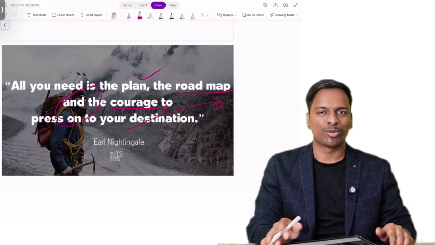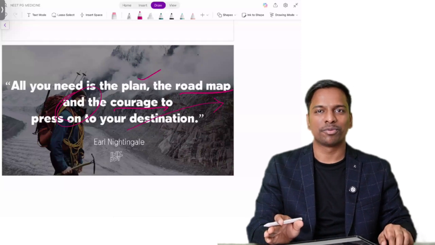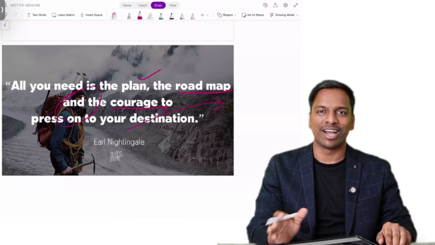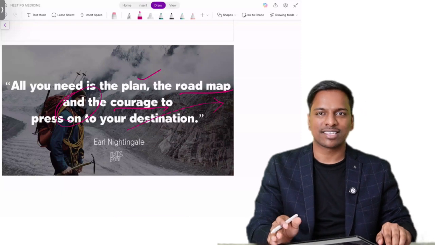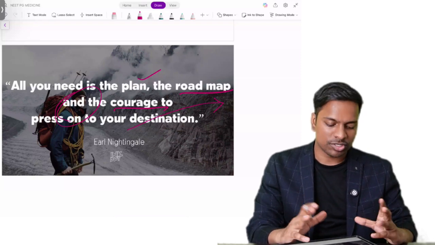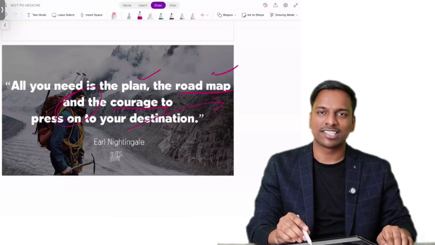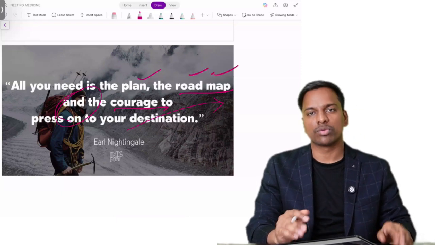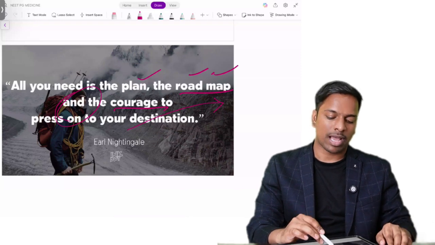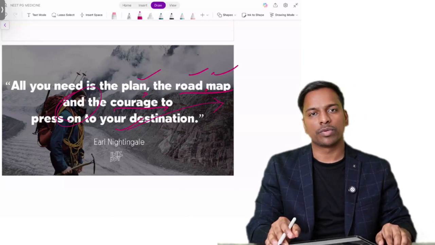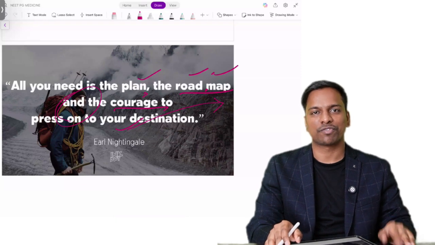We calculated that going back needed 12 kilometers, and going ahead was 7-8 kilometers, so better we go ahead only. So when you plan something, when you have some restrictions around you, that is called Ulysses rule. We'll discuss all these things later in free time, but this is what you have to do whenever you're studying. Have a plan, have a proper roadmap, have courage. Definitely, you will reach the destination you wish for.